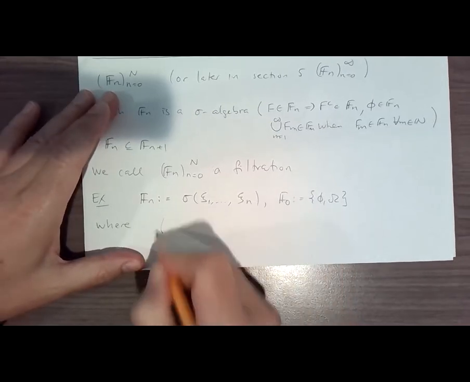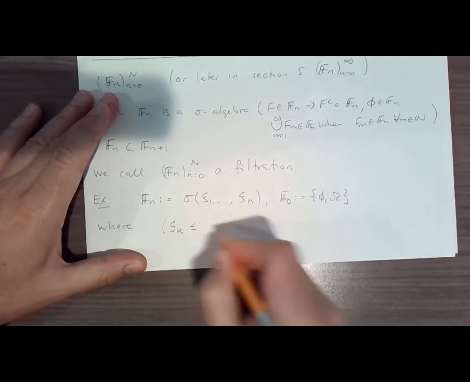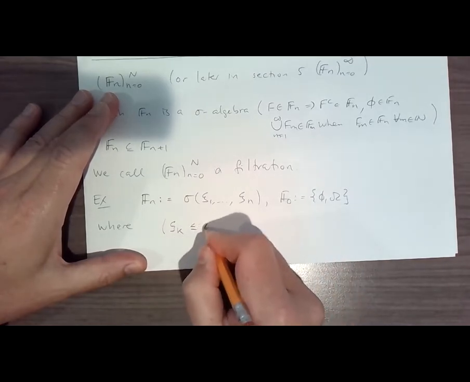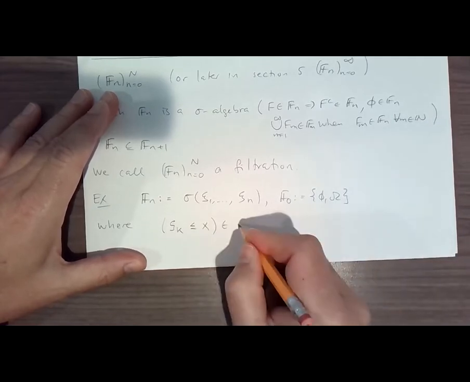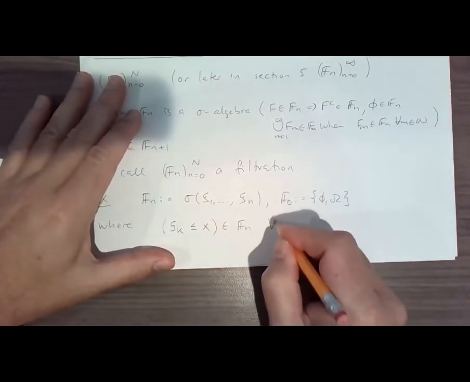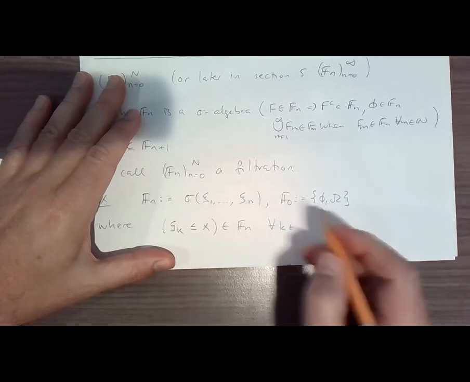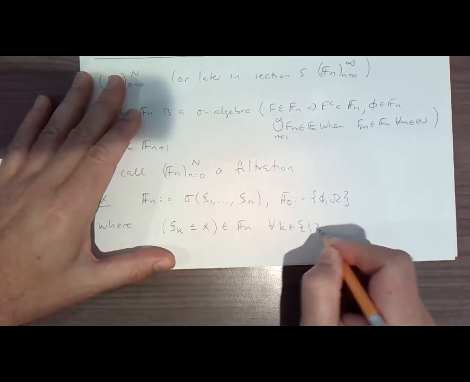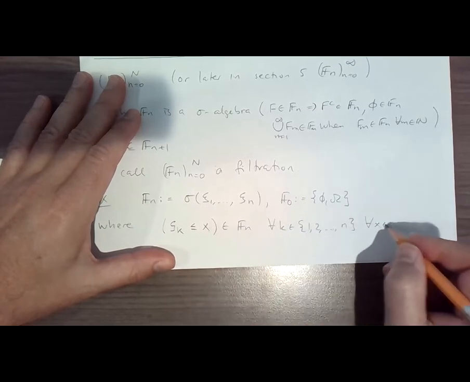It means that if I look at the set psi k less than some number x, this is something that belongs to Fn for all k running up to n, and for all x.